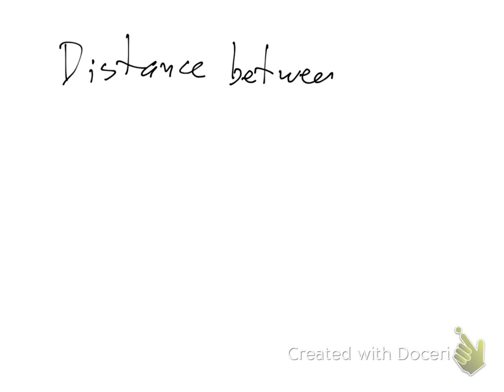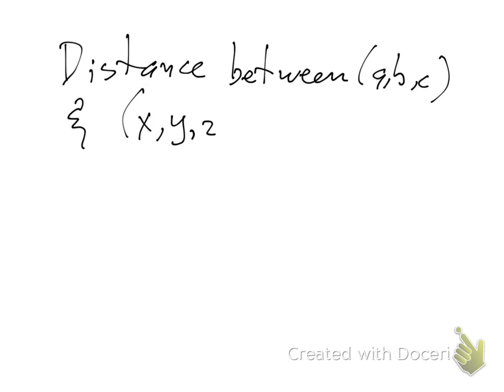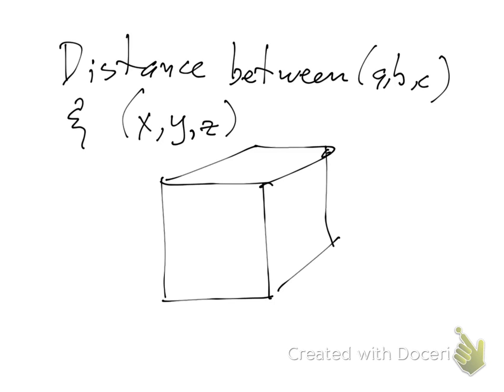So it stands to reason then that if I want to figure out the distance between the point a, b, c and the point x, y, z, I'm going to get the same sort of cube picture I did before, and this point over here is x comma y comma z, and this point down here is a comma b comma c.